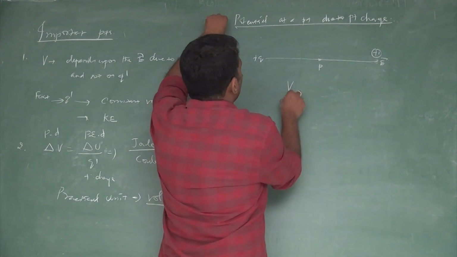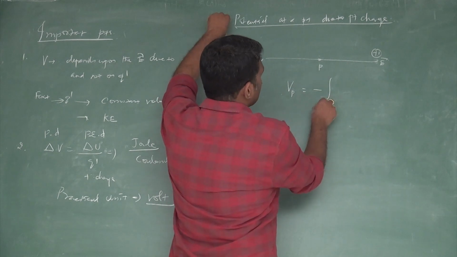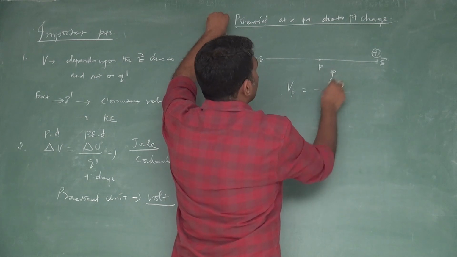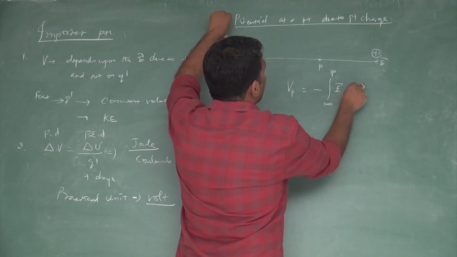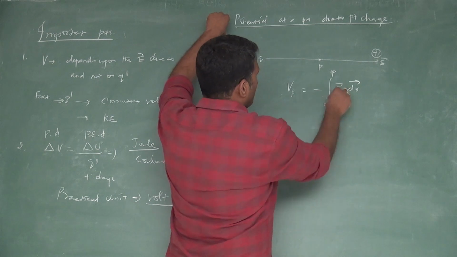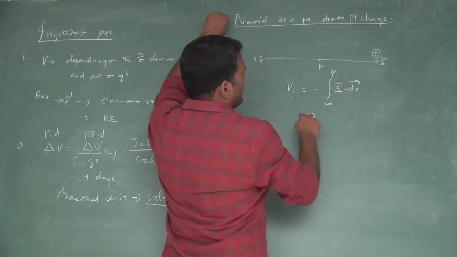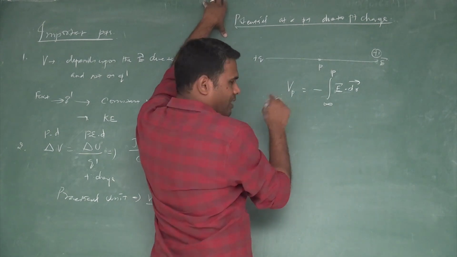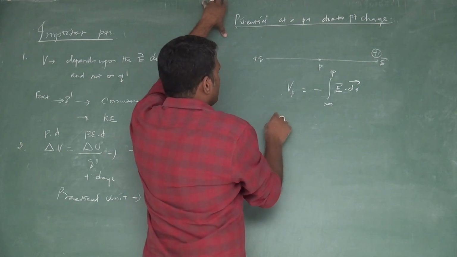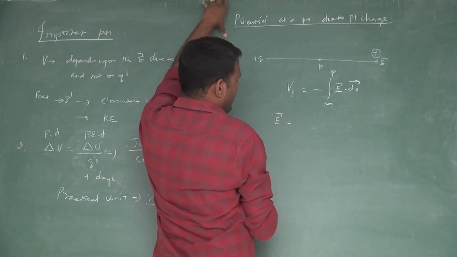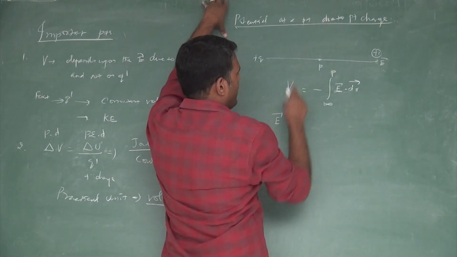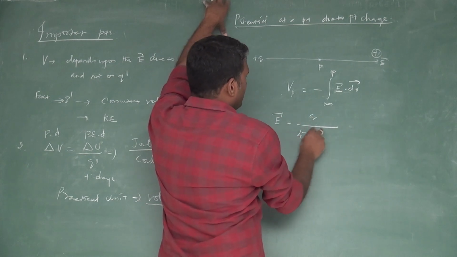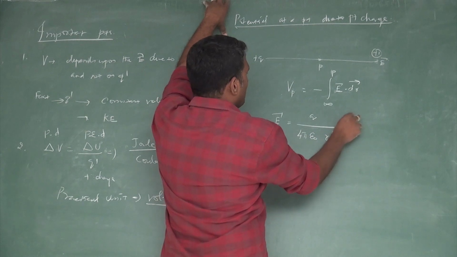So potential at the point P can be calculated with the expression Vp equals minus integral from infinity to P of E vector dot dr vector. What is the value of electric field at any point due to a point charge? Already you might have seen in the derivations that the electric field due to a point charge at any particular point is given by the expression E vector equals q by 4 pi epsilon naught r square into r cap.